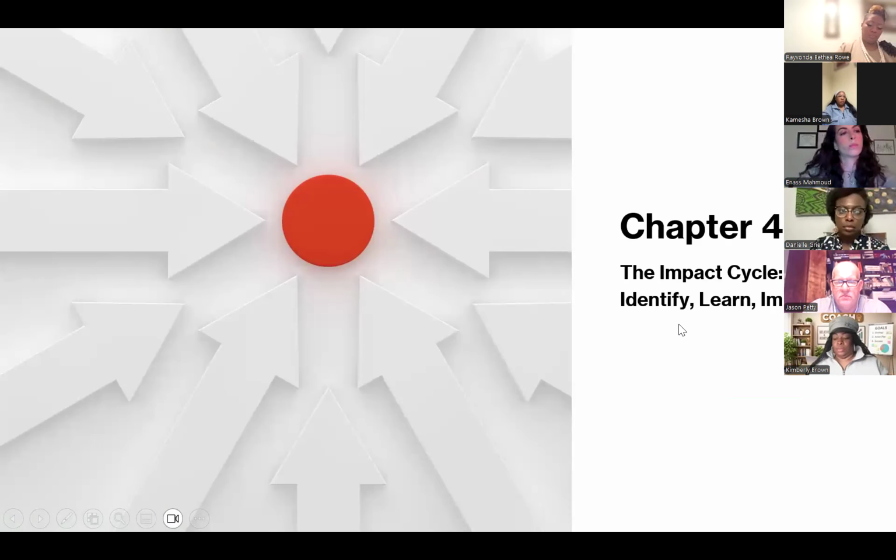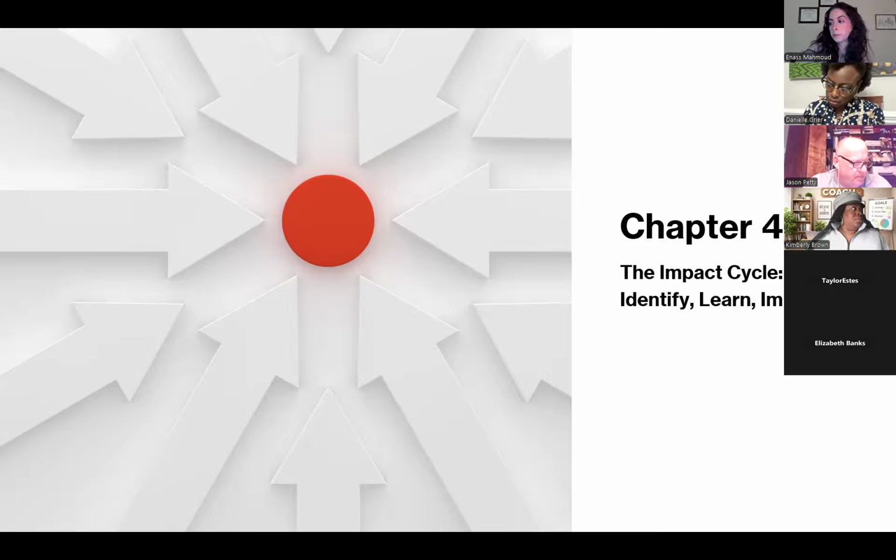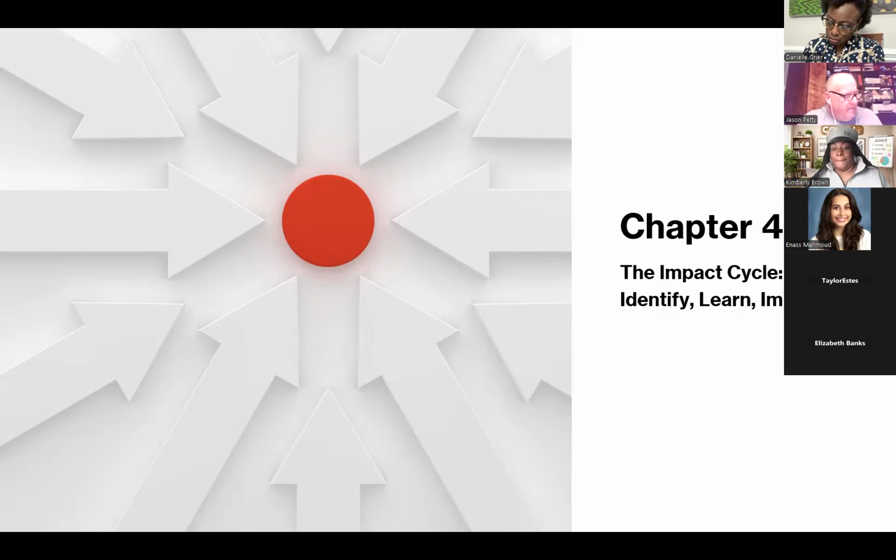The impact cycle is something you will work on when you are working on task 2 and task 3 of NCPPA. So you're looking at identify, learn, and improve. That's the impact cycle that we encourage you to consider as you're working with your teams of teachers and even your one teacher that you'll select to work with when you do task 3 of NCPPA.